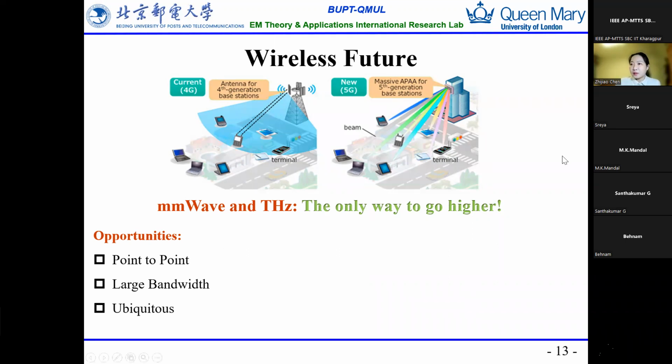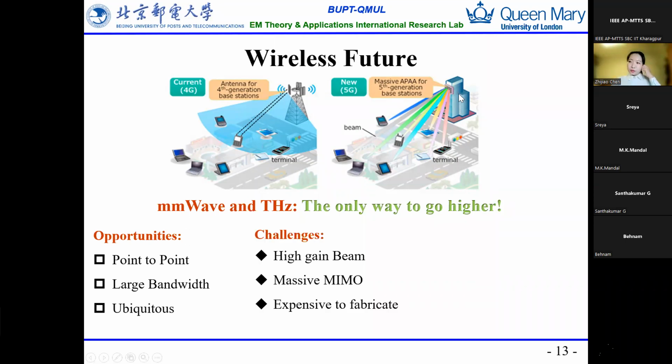That means the device needs to connect to the base station point by point and share the large bandwidth, and it is also ubiquitous. That means devices are everywhere, and they need to connect to the internet with low latency.